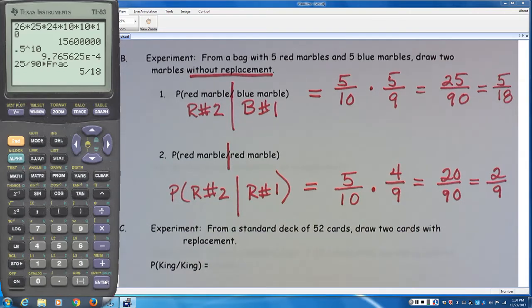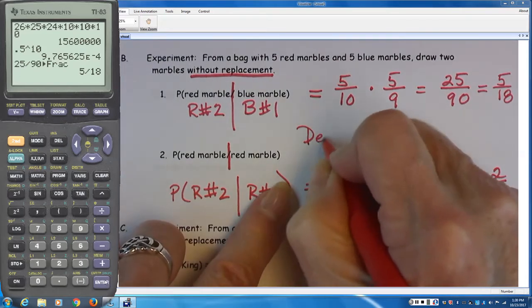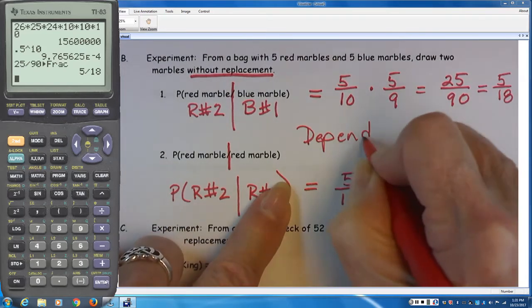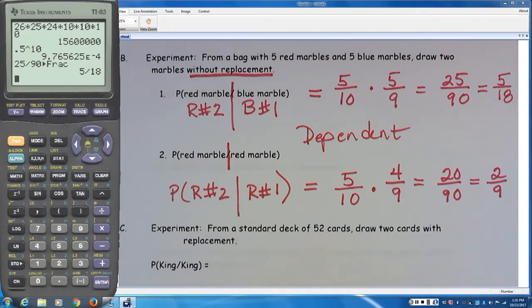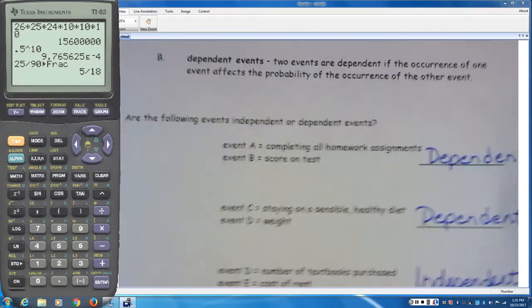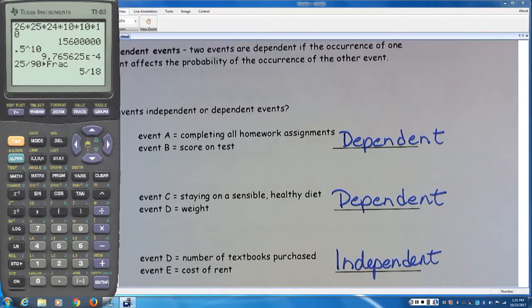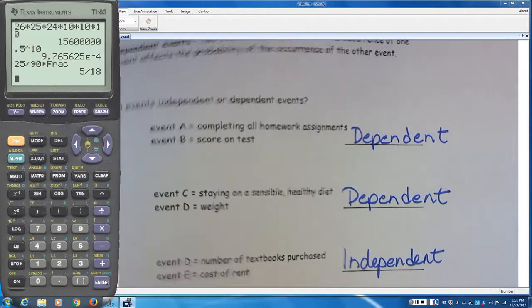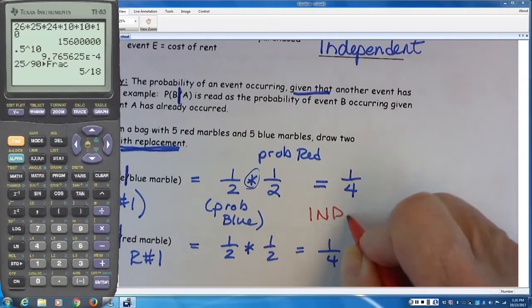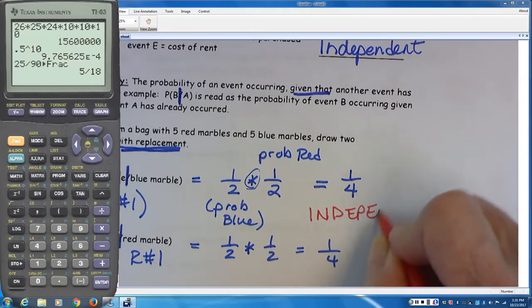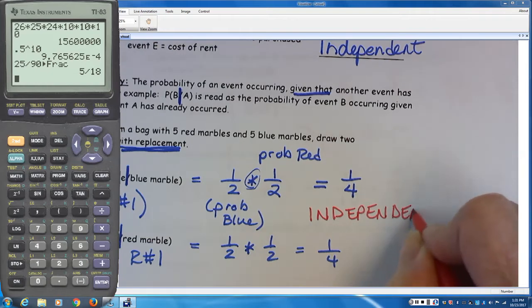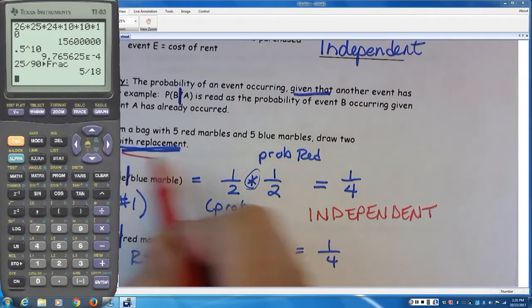So yes, the second one was influenced by the first one. So just remember, these are dependent. These were independent. And what made them independent was the replacement.